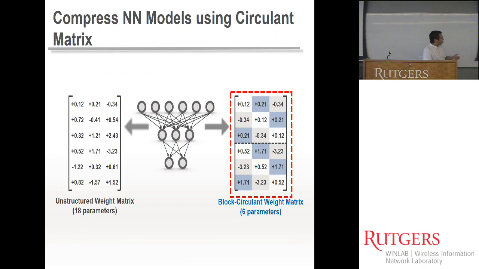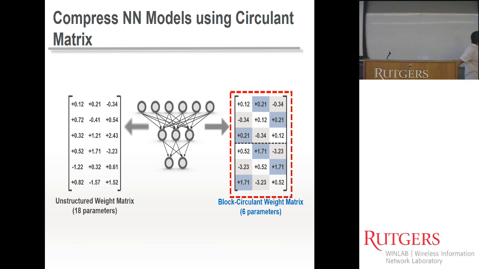And in order to reduce the complexity, we utilized our prior work on general neural network compression, using the Circulant matrix to compress the neural network model size.